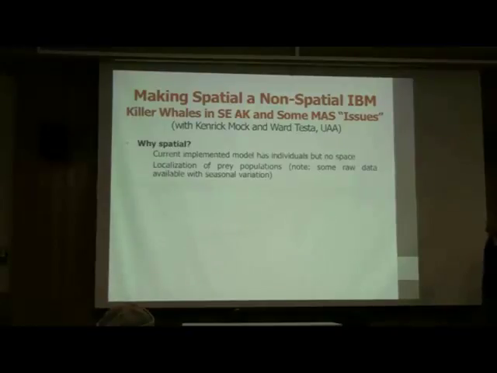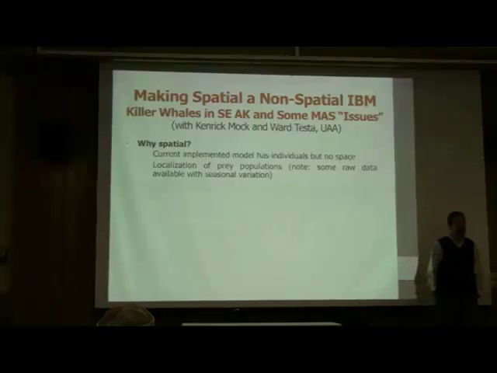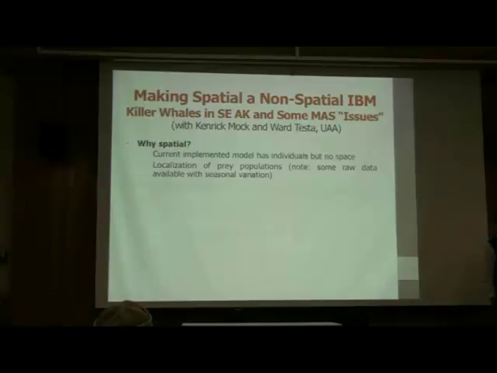And one of the reasons is one of his research questions is the localization of prey populations. In particular, for example, Steller sea lions. And the Steller sea lions, like salmon, are very much tied to the particular home ground, right? Their rookeries where they were born.